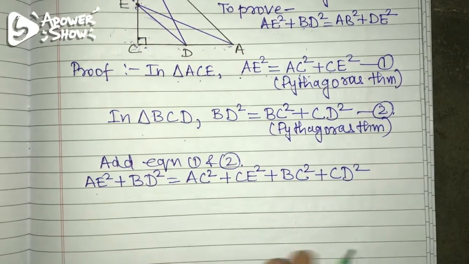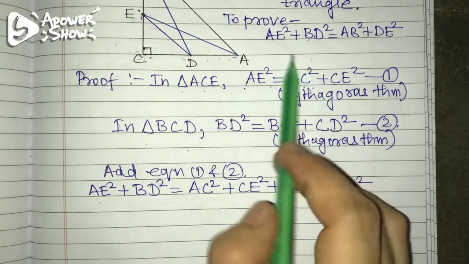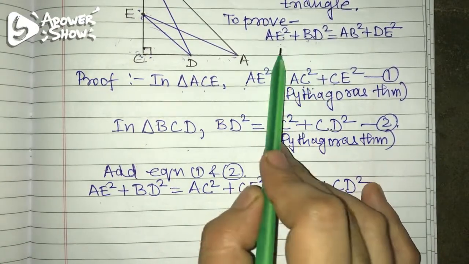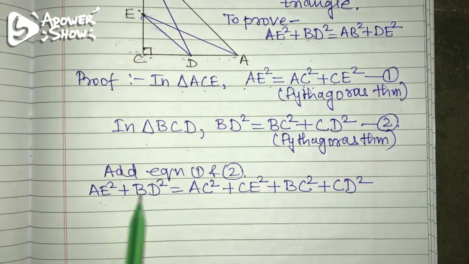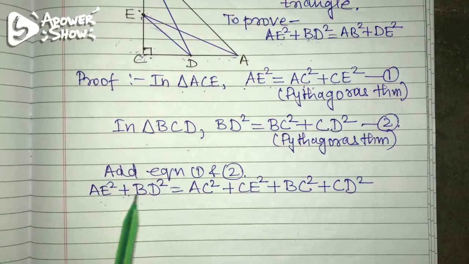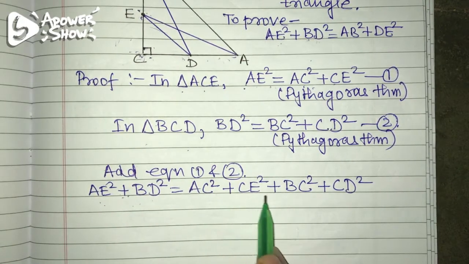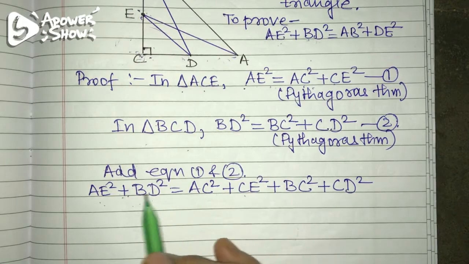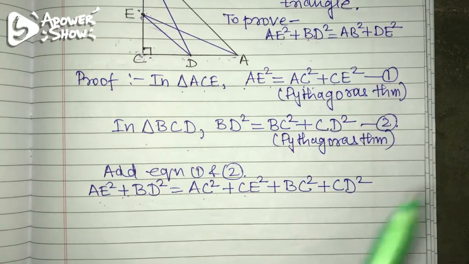So we have already got what we want in the left hand side of this proof. We just want to prove that this is equal to AB square plus DE square.